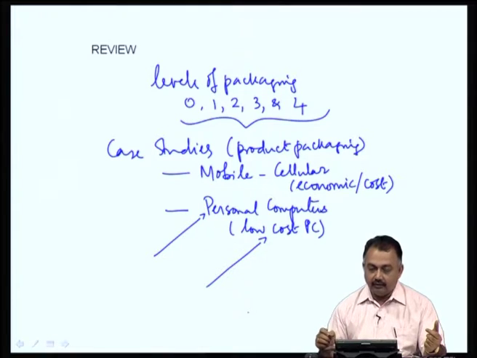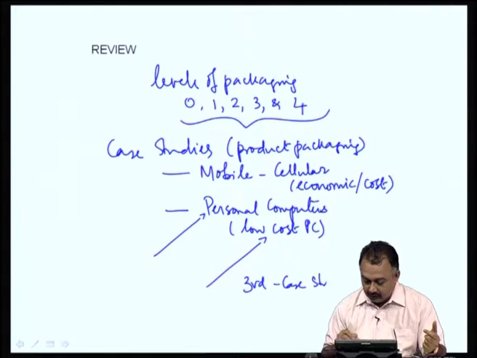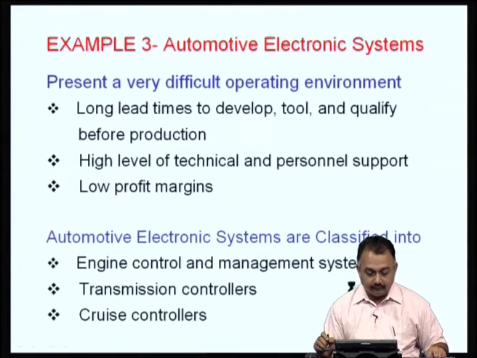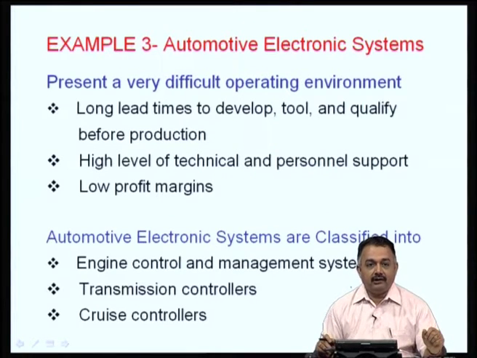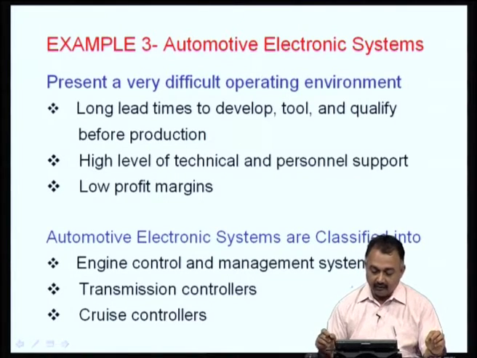Today, we are going to look at the third example in the case study, and that will be in the area of automobiles. So, example 3 that I have given here now is automotive electronic systems. These automotive electronic systems present a very difficult operating environment. I hope you can agree with that.